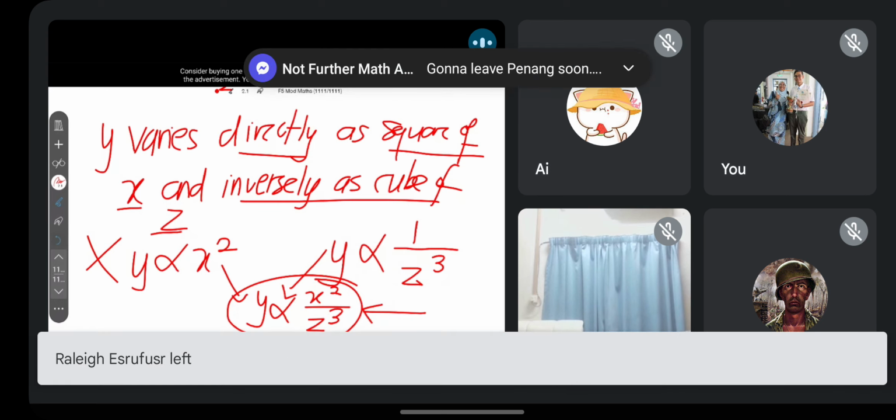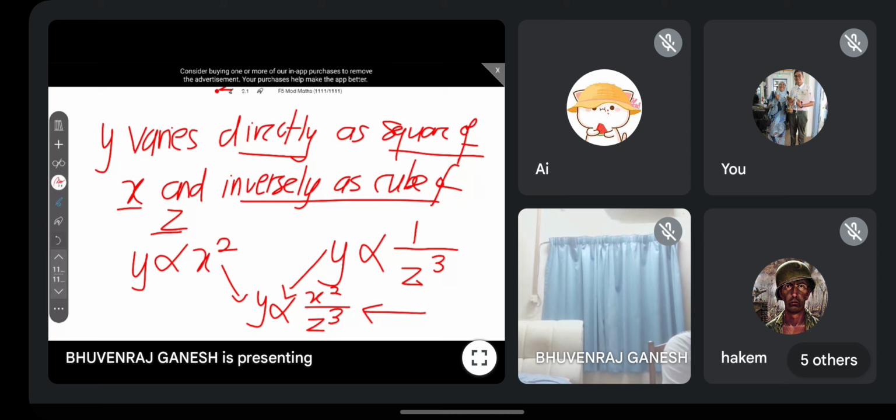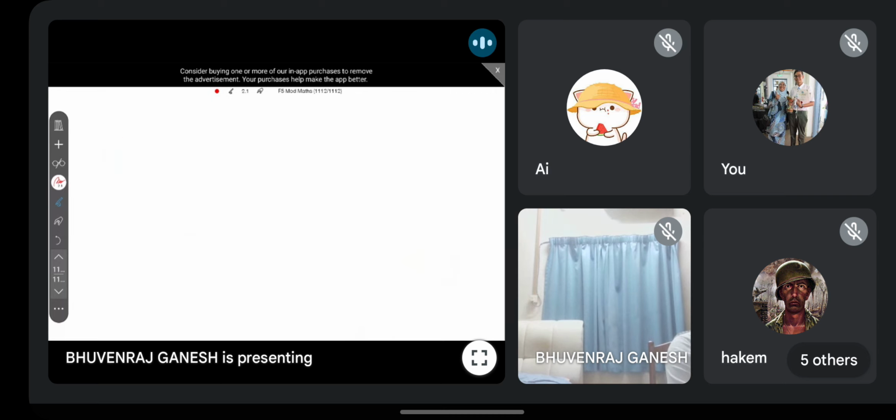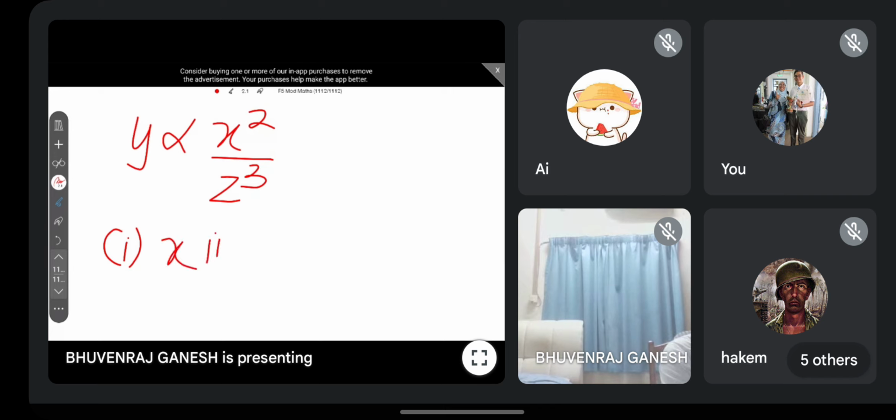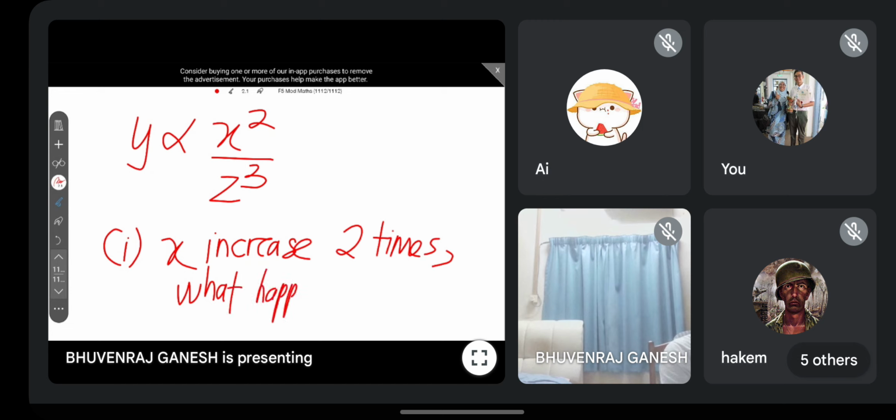Okay guys, so now, based on this, I'm going to ask you a question. You got y equals x square over z cube. First part. Let's say the value of x is doubled. What happens to the value of y?